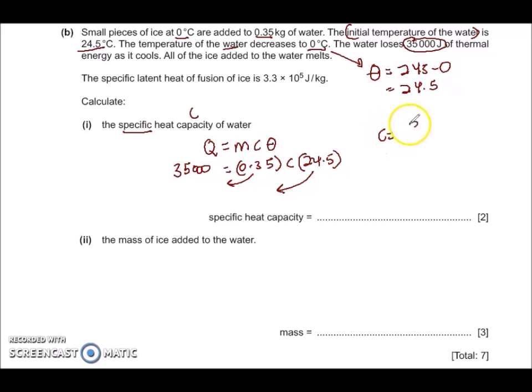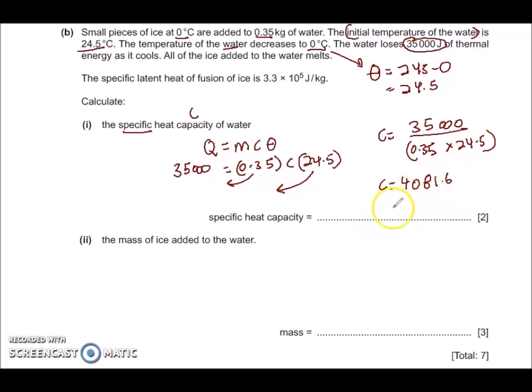So C is 35,000 divided by 0.35 multiply with 24.5. Okay, calculate the C. So once we calculate the C, we are getting the answer around 4,081.6. Is it correct?